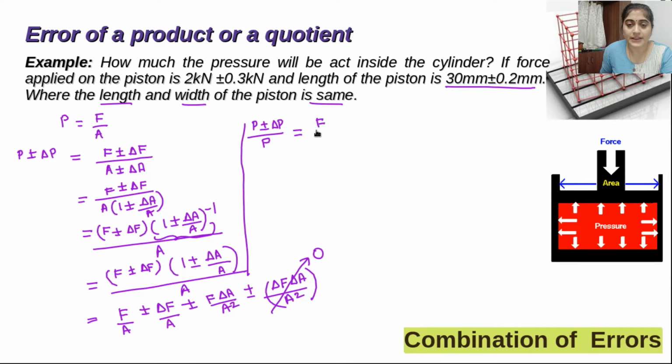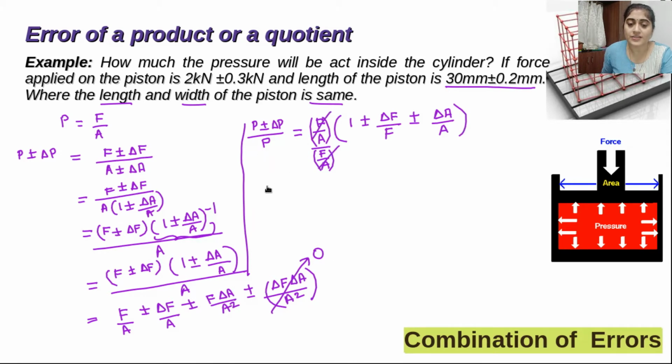If I take F by A as common, when you divide both sides by F by A, so this will become 1 plus minus delta F by F plus minus delta A by A, because F upon A you are taking outside, and this is 0 and cancelled out.